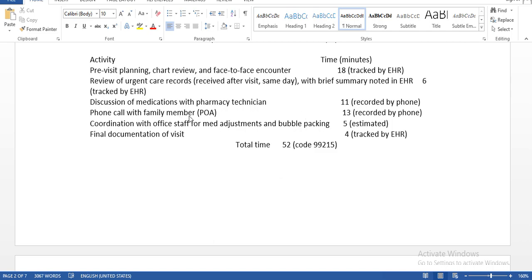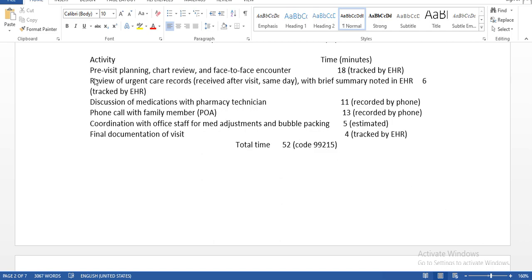Phone call with family members like the POA, power of attorney, 13 minutes. Coordination with office staff for medication adjustment and bubble packing, 5 minutes. Final documentation of the visit, 4 minutes, tracked by the EHR. If you count 18, 6, 11, 13, 5, 4, it comes to 52 minutes. As she is an established patient, 52 minutes means it goes to level 5, like 99215.